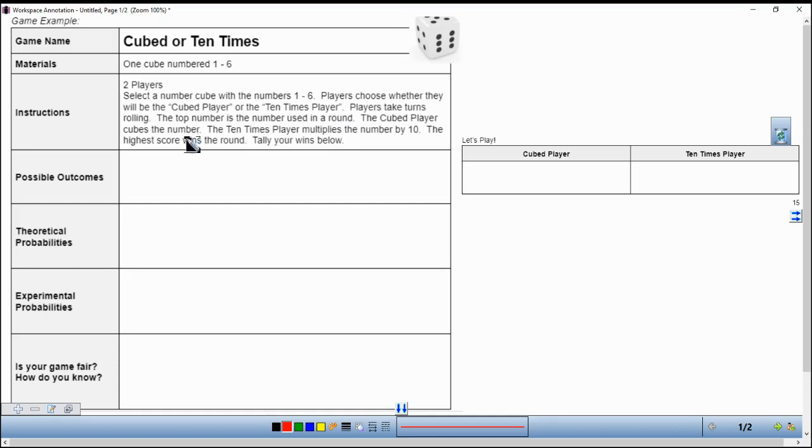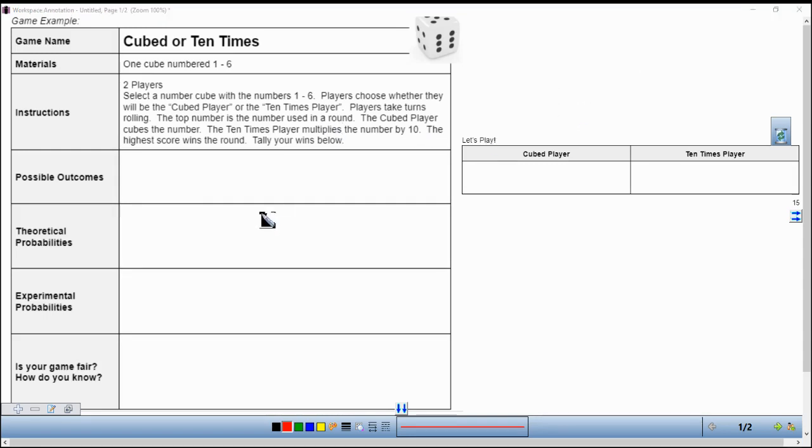So when you roll the dice, the number that is on top is the number that we use. Both players use the same number. So the cubed player will cube the number, meaning the cubed player, whatever number it is, will multiply it by itself 3 times. The 10 times player, whatever number it is, will multiply it by 10. Whoever gets the highest score will win that round, and then we'll tally the wins as we go.